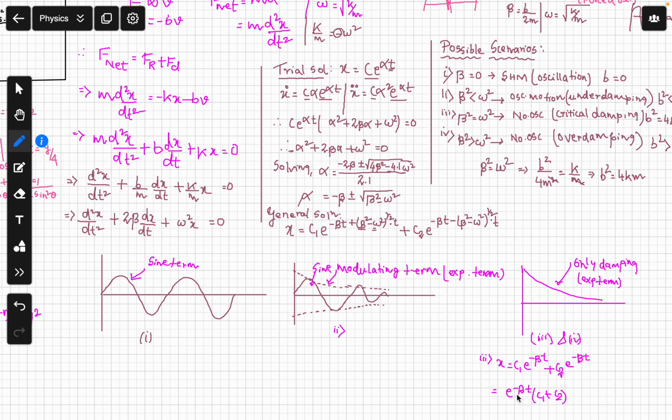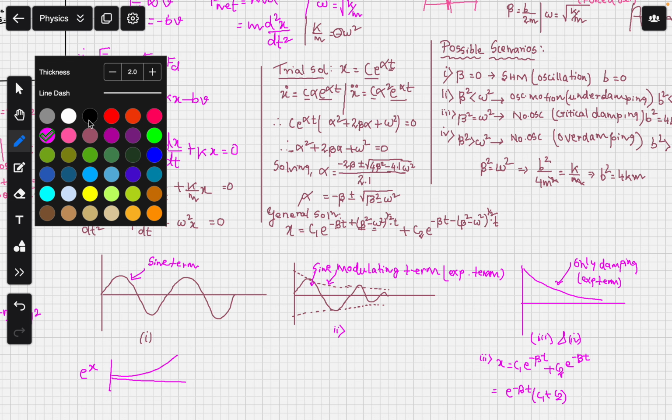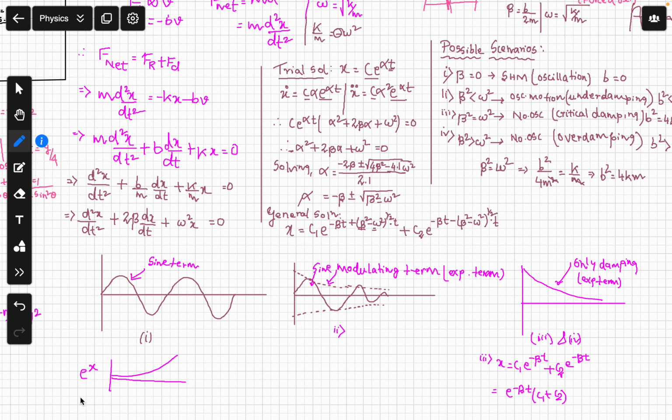There is only an exponential term, only damping. If you want to plot an exponential graph, and it is e to the power x, that means with the value of x, e will increase, so you're going to get a graph something like this. On the other hand, if you have e to the power minus x, then the graph would be like this.